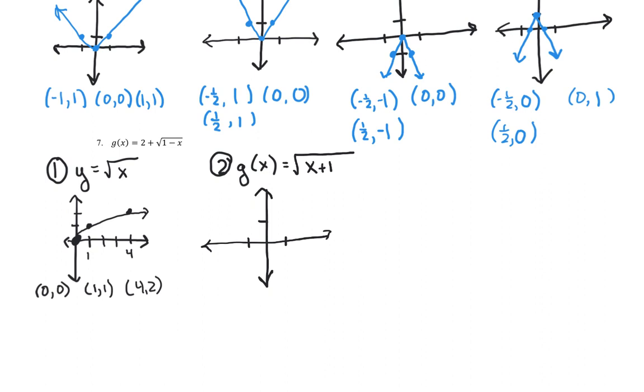That means we are going to subtract 1 from all of our x values in our key points. And we'll go ahead and plot those points. And we'll have a graph looking something like this.